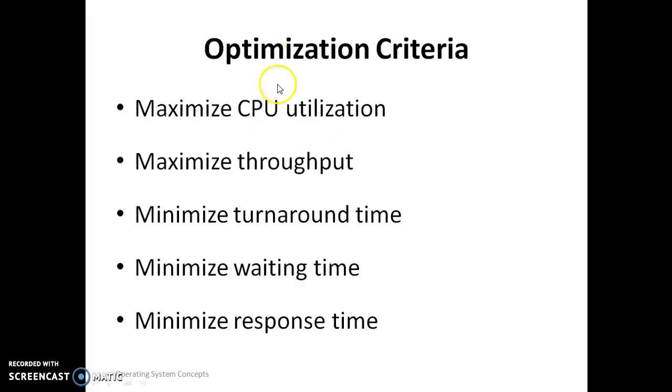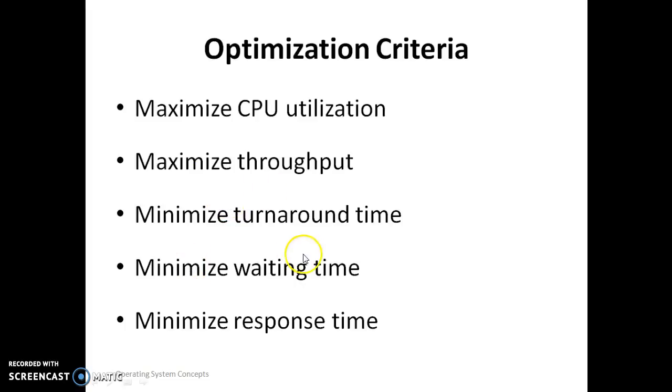Next is maximizing the throughput, increasing the number of processes that complete their execution in a given time unit. Then we try to minimize the turnaround time so that a process gets minimum waiting time and spends more time in execution instead of waiting in the ready state. Once a process goes into the ready state, it immediately goes to the running state, and once it completes its execution, it moves to the termination state.